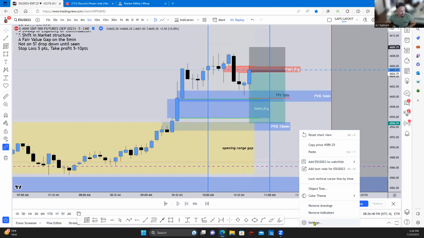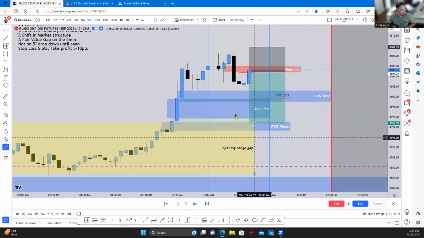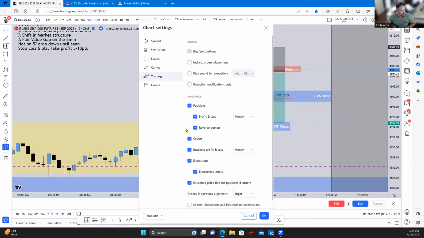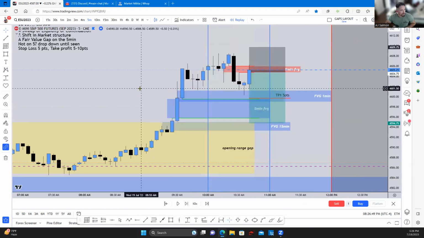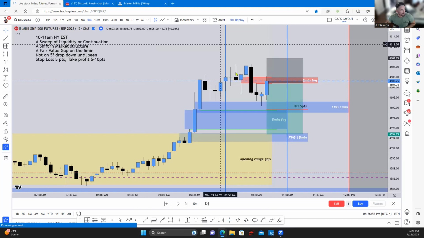If we turn on our executions here, we can see, let's see, will it do it? Settings, executions. Maybe not. Let's see.